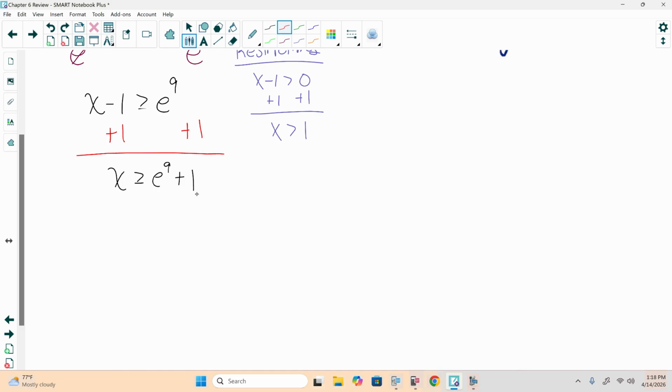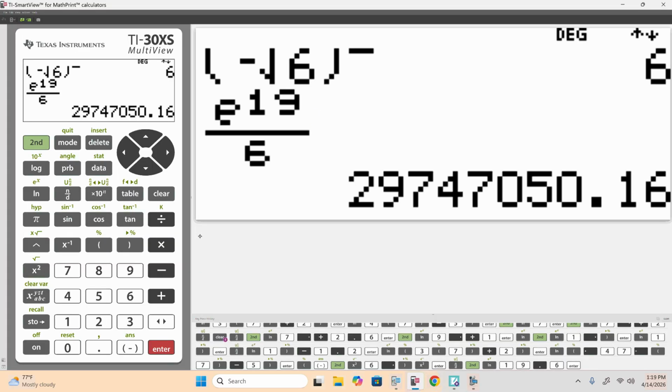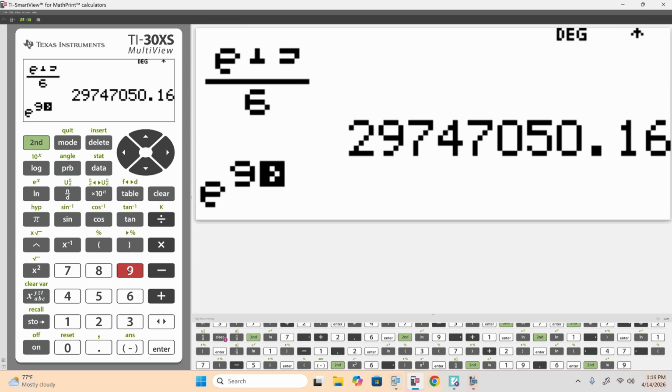Now the question is, do the restrictions come back into play? Because 1 wouldn't work, the question is, is 1 greater than or equal to e to the ninth plus 1? I have a feeling no, because unless e to the ninth was negative 1, there's no way I can add 1 to it and get this to be true. The other way we can check is just plugging it in.